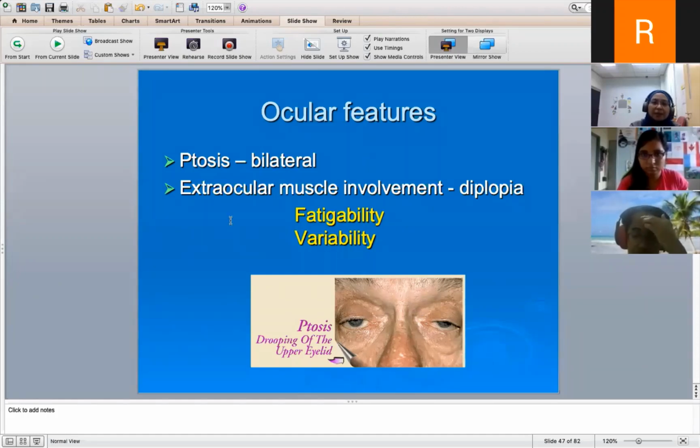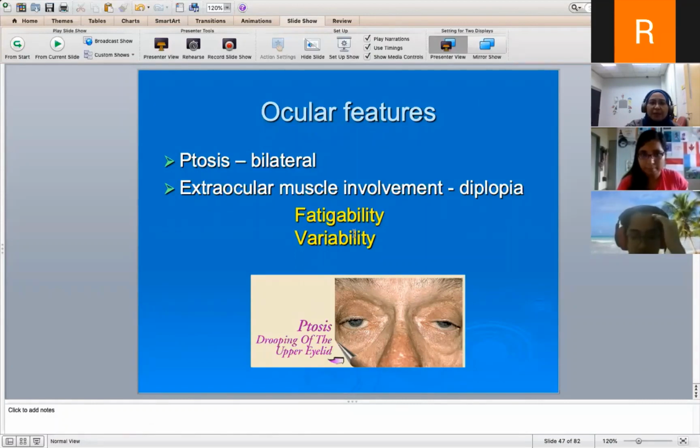Now, again, because it's a systemic disease, usually it will cause bilateral ptosis. Extraocular movement will be affected. Patient will complain of diplopia, but usually because it has some association with fatigability, which means in the morning, the patient is fine, but towards night, they start to feel they have double vision. Diplopia means double vision.